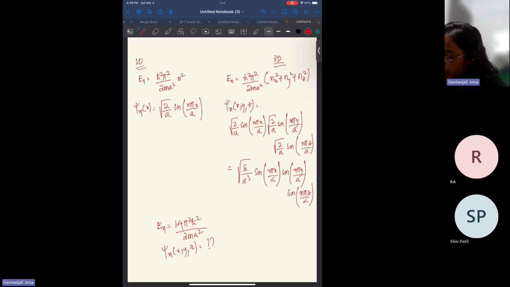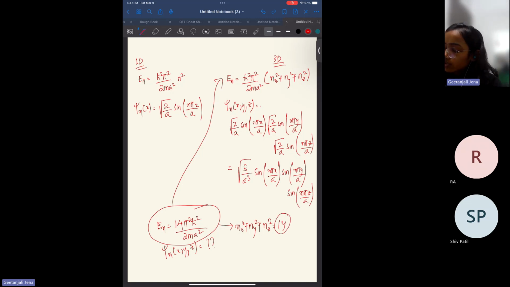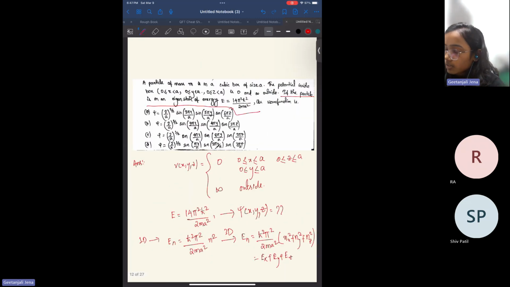If you compare this energy to this one, this means nx square plus ny square plus nz square equal to 14. So now what we have to do is look for nx, ny, nz in the options that will give nx square plus ny square plus nz square equal to 14, right?